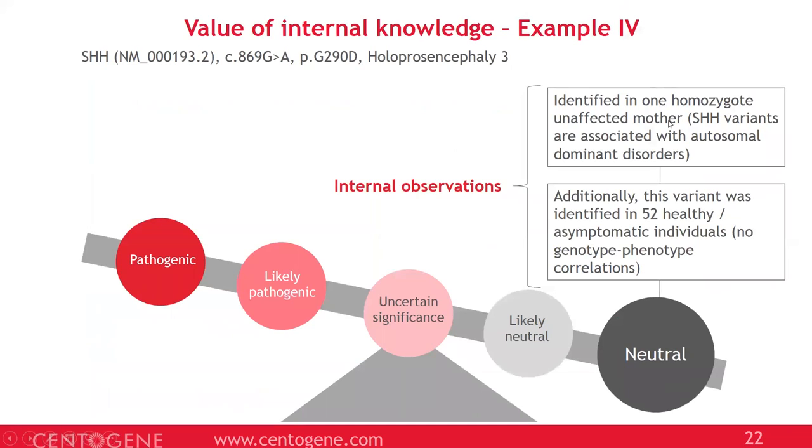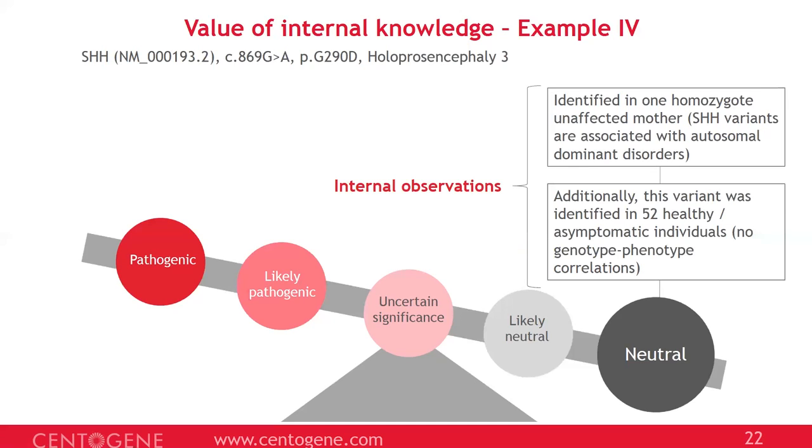We identified this variant in a homozygous state in an unaffected mother. The mother had a child with clinical suspicion of holoprosencephaly, and the child was found to be heterozygous. At that moment, we initiated the reclassification based on no genotype-phenotype correlation. And we also did an internal population or cohort check, and we identified 52 individuals carrying this variant in a heterozygous state.